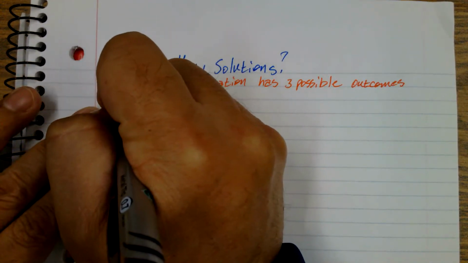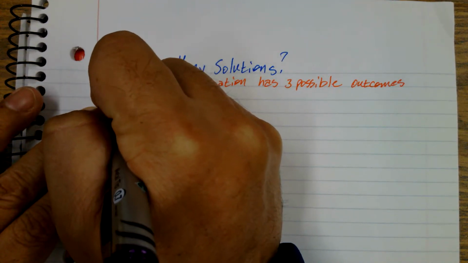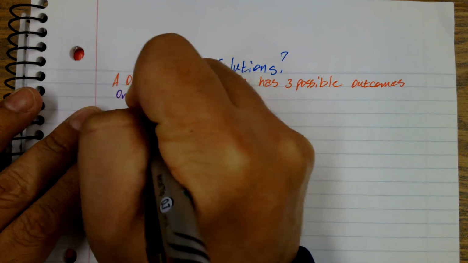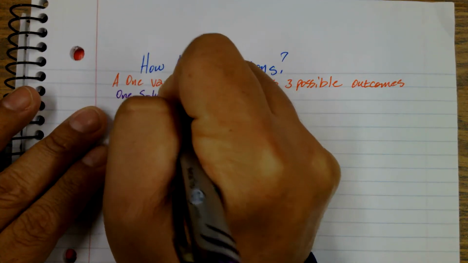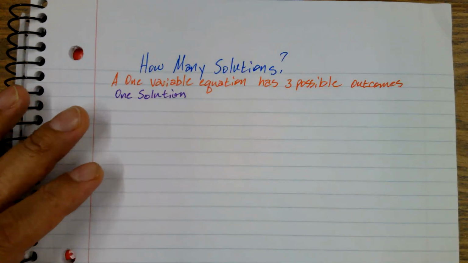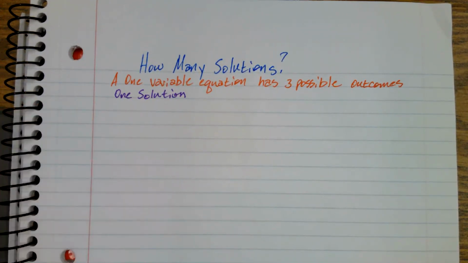Here they are. We can have one solution, and that's what we've been getting so far. Every time we get one answer, x equals some number, right?